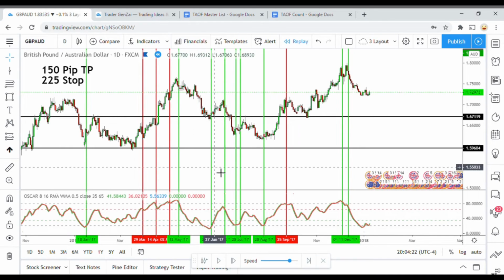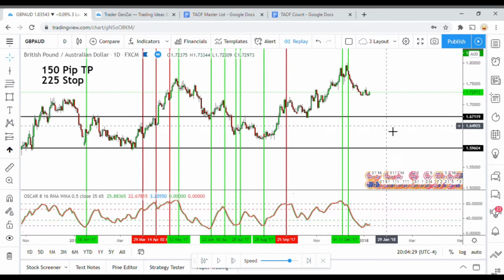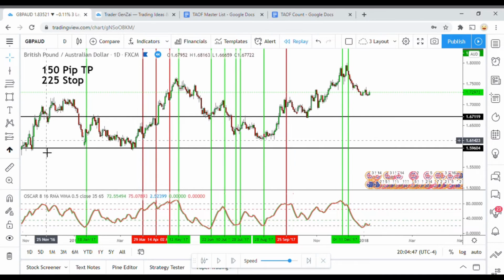We have 13 trades all together, and 9 wins. So again, barely squeezing past the 60% criteria there. So yeah, this one will go on the yes list.